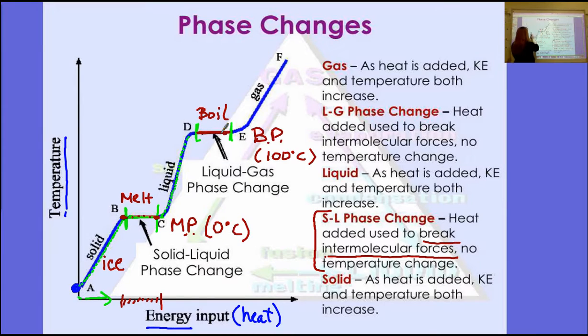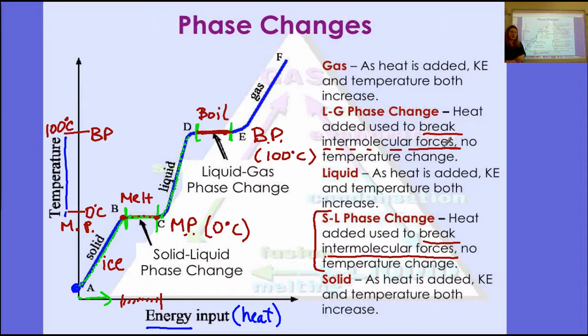Staying at 100 degrees Celsius, constant temperature, 100 degrees is my boiling point, 0 degrees is my melting point. It will stay at this temperature while it's boiling, breaking again all of those intermolecular forces.